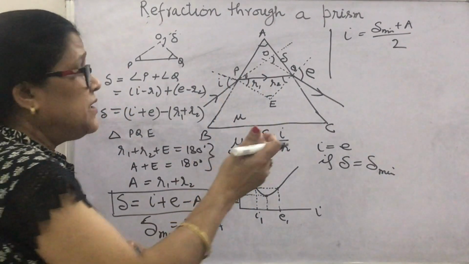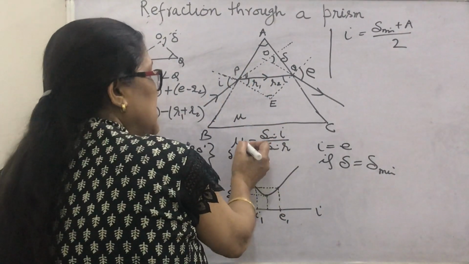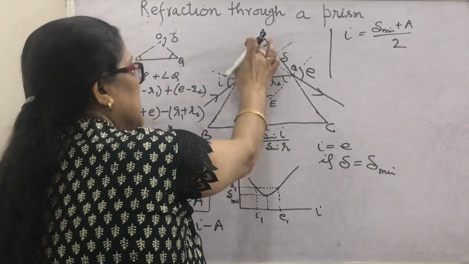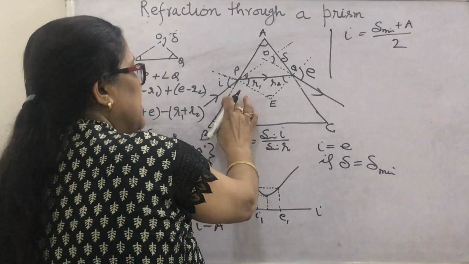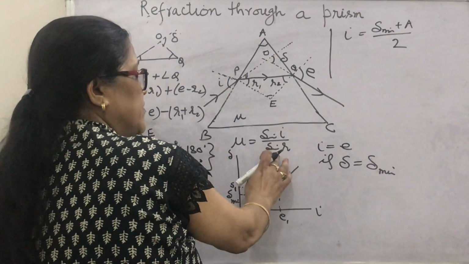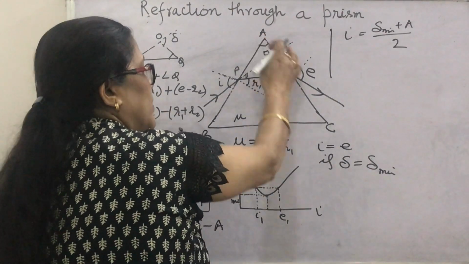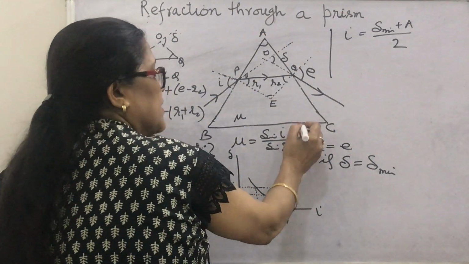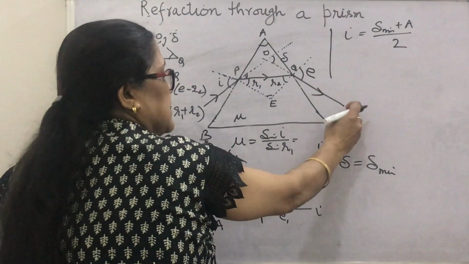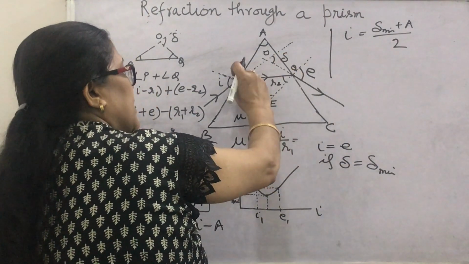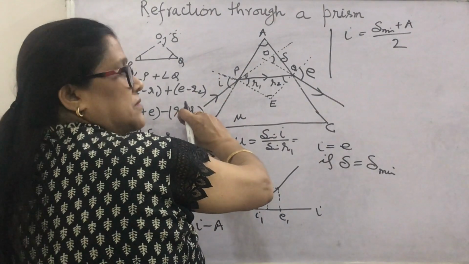How can you say this? You know, mu is the same for the same material, for the same prism. Here at the surface AB, what can you write? Mu equals sin I upon sin R1. For AC, what will you write here? If the ray is incident at the surface AC, then it will come out through this surface.